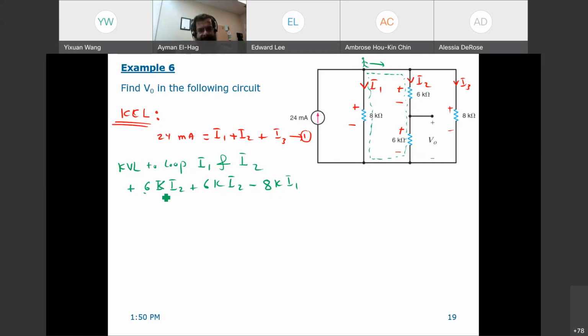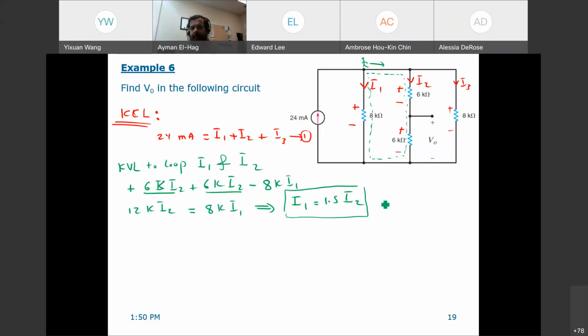Okay, 6K plus 6K is 12K I2, equal to 8K I1. Now from this, you can say that I1 equals, dividing by 8K both sides, 1.5 I2. I found the relation between I1 and I2, and this is my equation number 2.